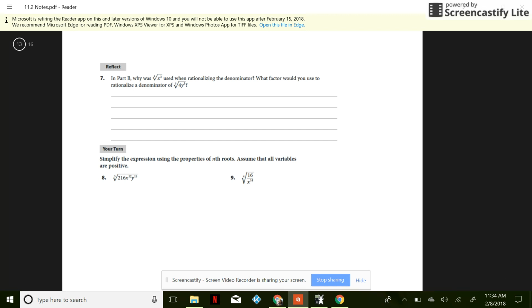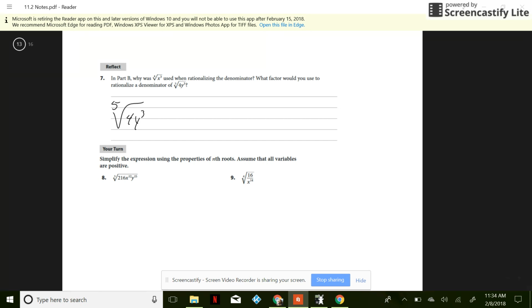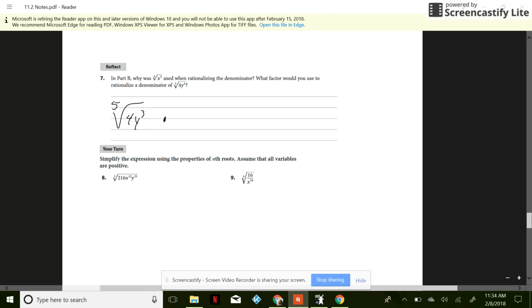So again, we just talked about why we used the 4th root of x cubed to rationalize the denominator. So when we think what factor would we use to rationalize the denominator of the 5th root of 4y cubed? We want to multiply by something that will give us a 5th root. So ultimately, we can rewrite this 4 as 2 squared.